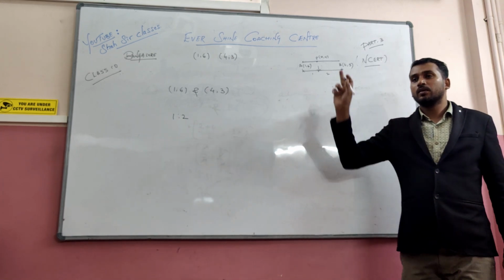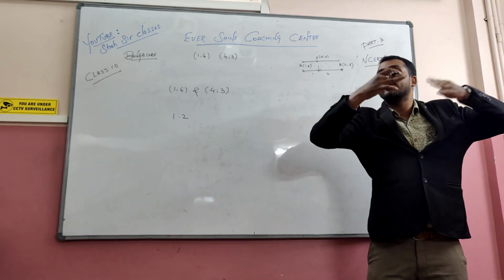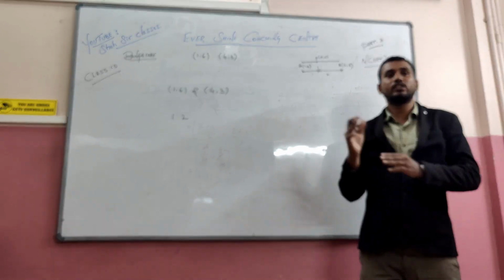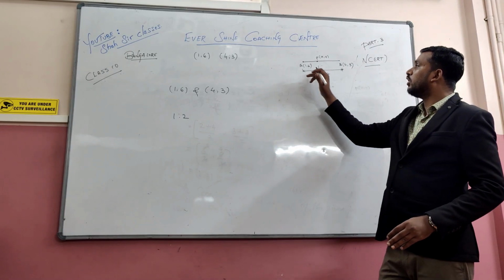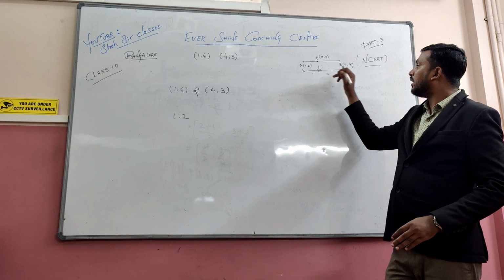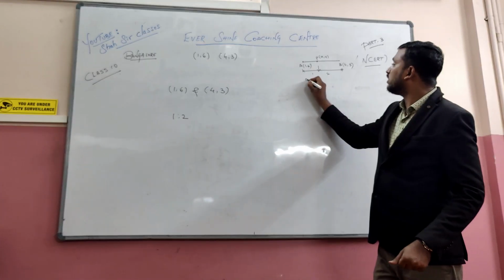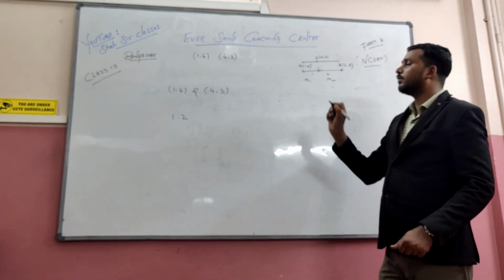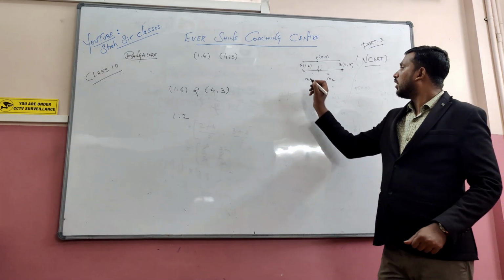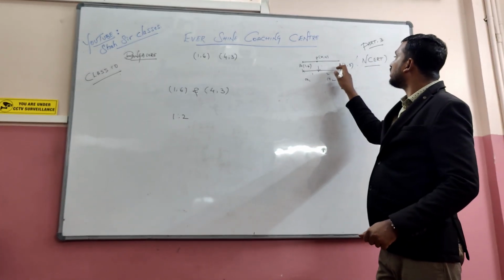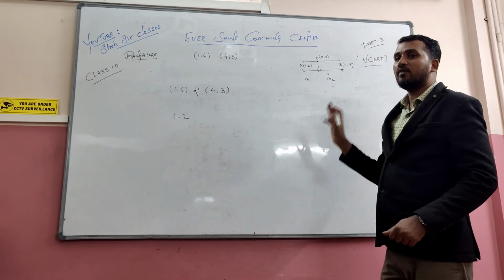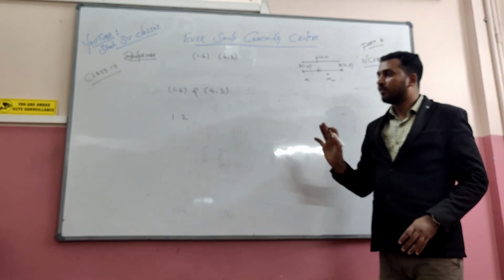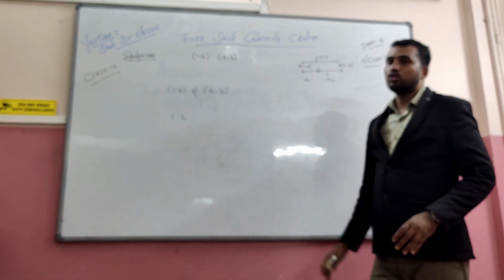Understood, son? What is P doing? It is dividing the line AB into 2 parts. Which are the 2 parts? In the ratio, A to P is 1 and P to B is 2. So this is nothing but M1 and this is nothing but M2. The coordinates of A are 1, 6, B are 4, 3, and x, y is the point dividing AB into 2 parts.